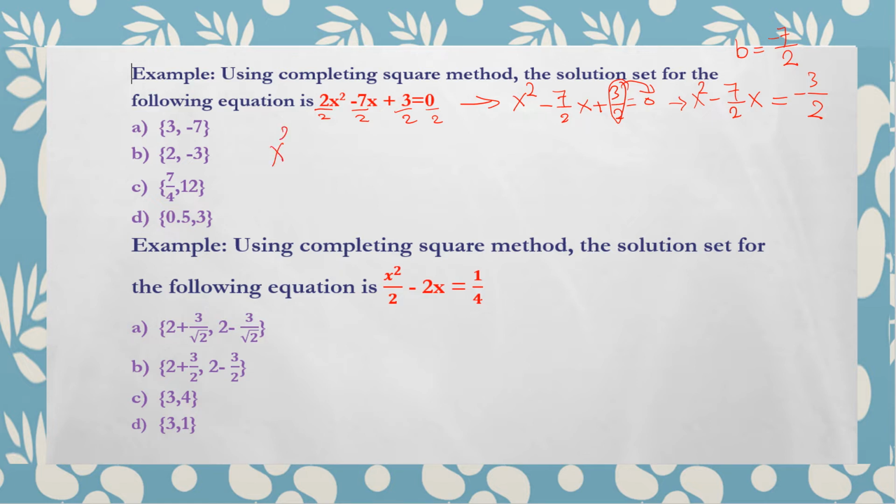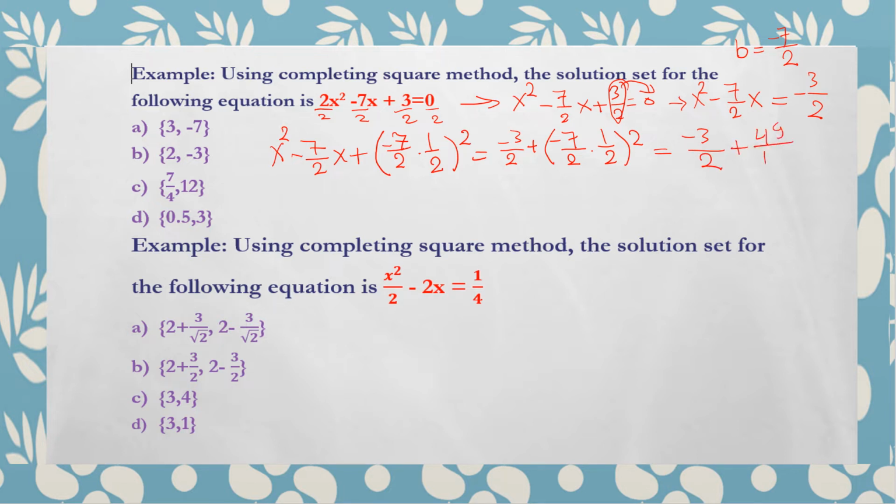So x squared minus 7 over 2 x plus b over 2 squared, where b equals 7 over 2 times half, all squared, equals minus 3 over 2 plus minus 7 over 2 times half, all squared. And this equals minus 3 over 2 plus 49 over 16.